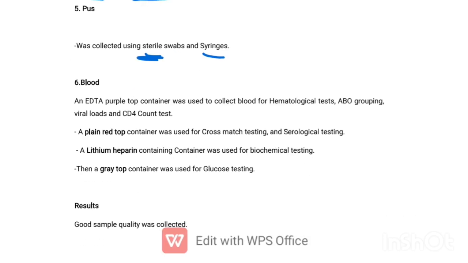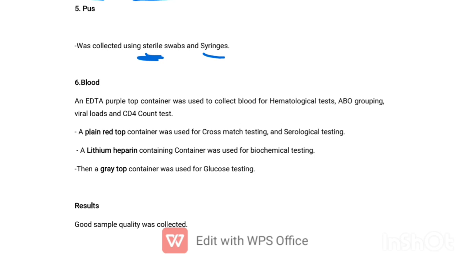When collecting a blood sample, we use different types of container. For example, we use an EDTA, which is a purple top container. This container is mostly used for collecting blood samples for hematological tests.